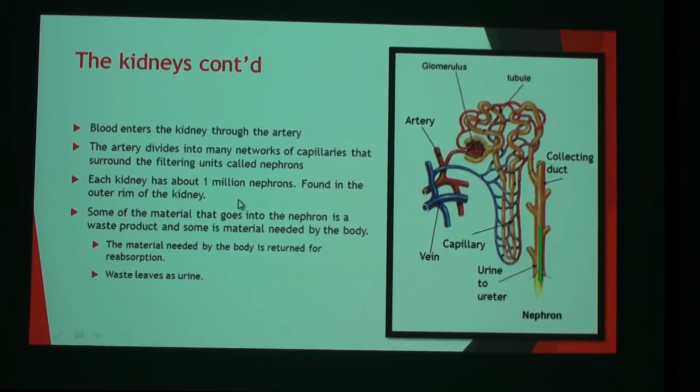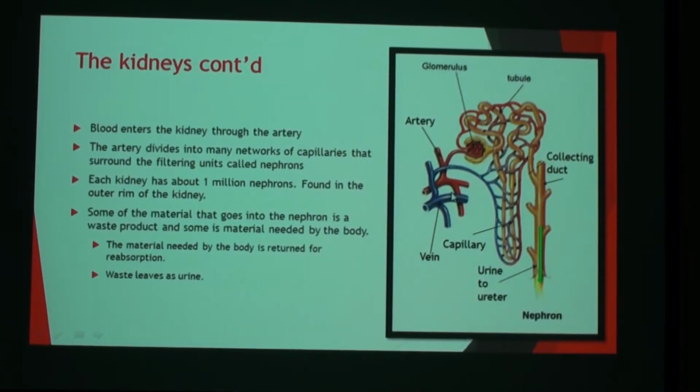Inside the kidneys, this is like a zoom-in picture of what is going on in the kidney. So the blood enters the kidney through the artery, which is right here in red.